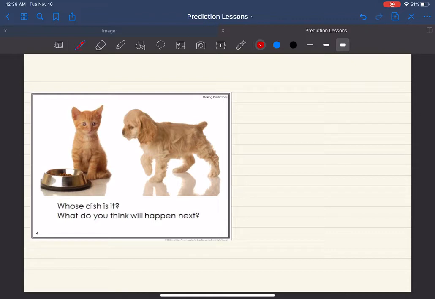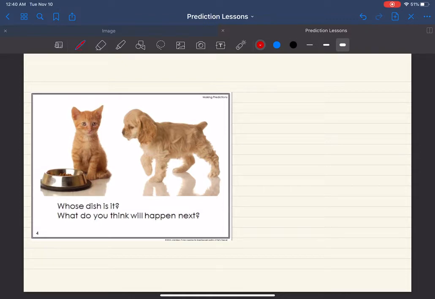In this picture, we see a kitty and we see a puppy. Whose dish is this bowl? And what do you think will happen next? Just like on the other slide, we want to look for evidence of things that we know.